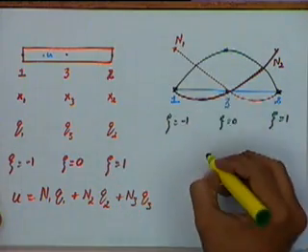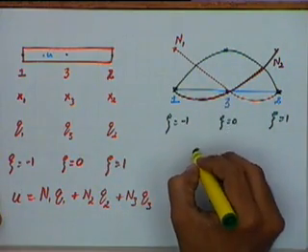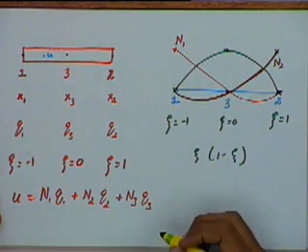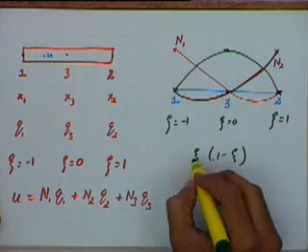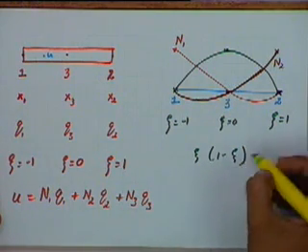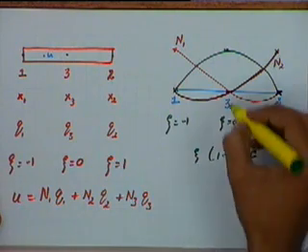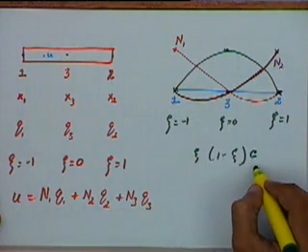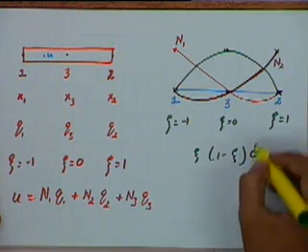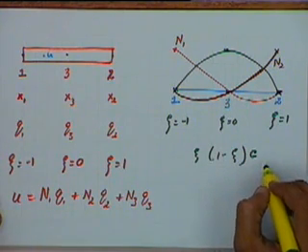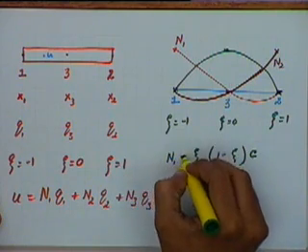So n1 would have a term of zeta and 1 minus zeta in it. If it is zeta into 1 minus zeta multiplied by, let us say, some constant c, then at zeta equal to 0 this whole term will be 0, and at zeta equal to 1 also this whole term will be 0. So we will say n1 will be equal to this.